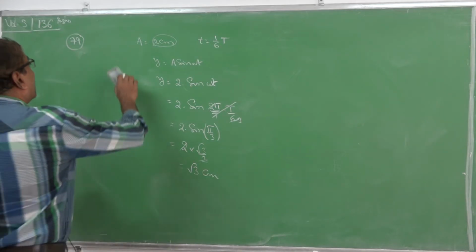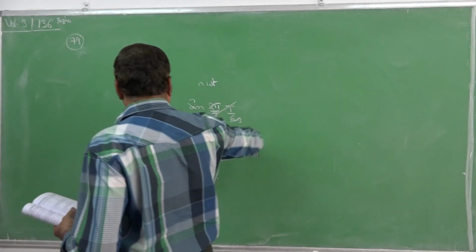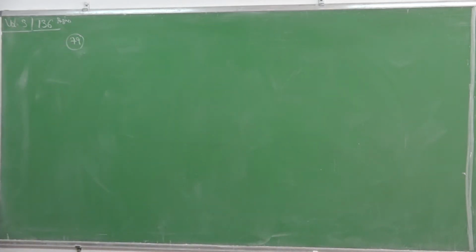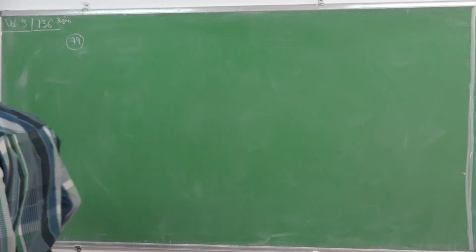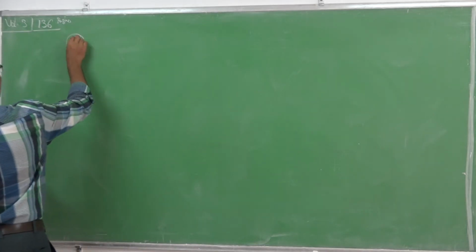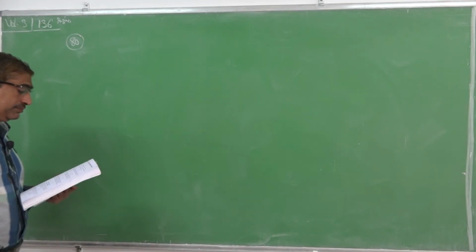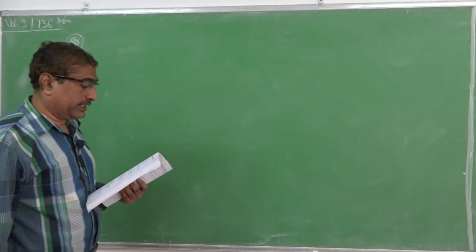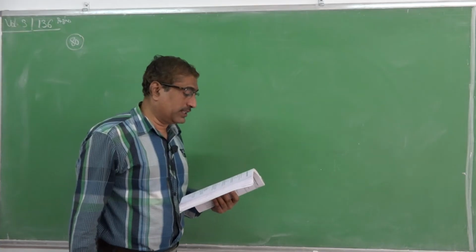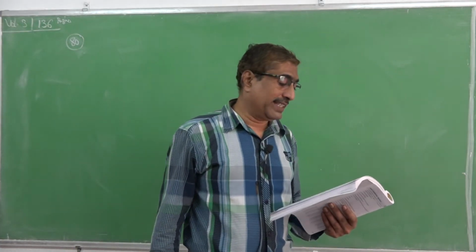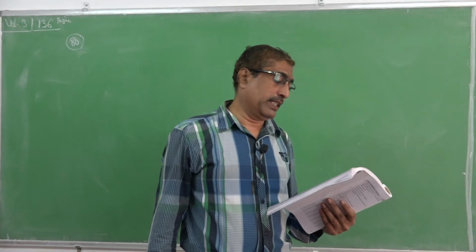Okay, now the 80th one. A body executing SHM has a maximum velocity of 1 meter per second and maximum acceleration of 4 meter per second square.